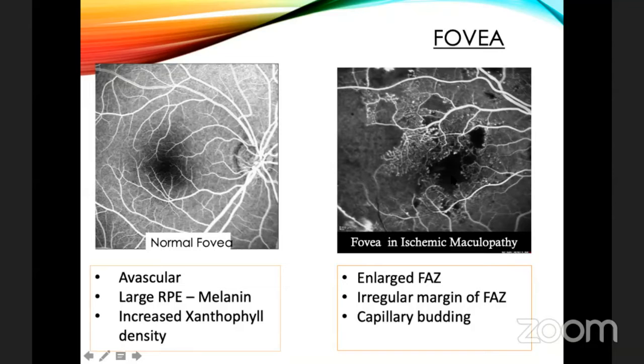Because the fovea is enlarged and irregular with capillary budding, which we see here in cases of ischemic maculopathy. A fovea in typical ischemic maculopathy is not going to respond well to anti-VEGF, and the patient is going to have poor visual acuity despite adequate treatment in cases of diabetic retinopathy.